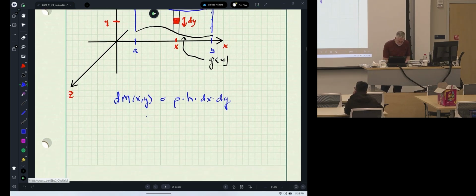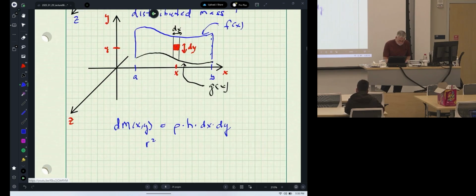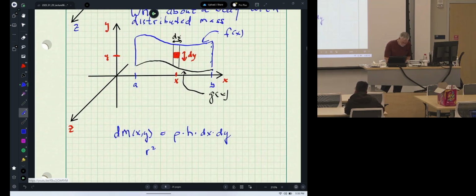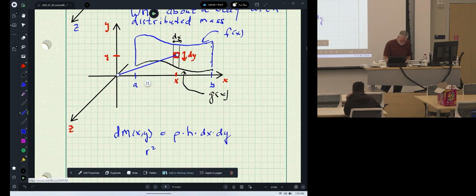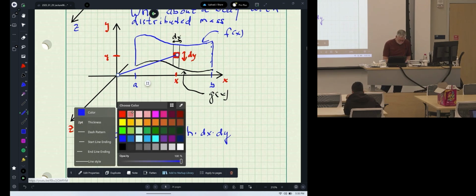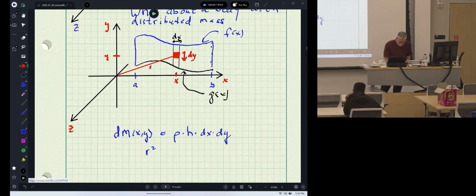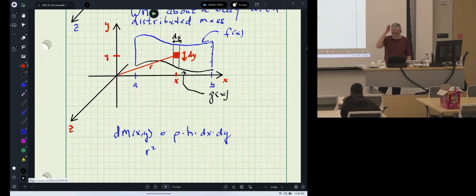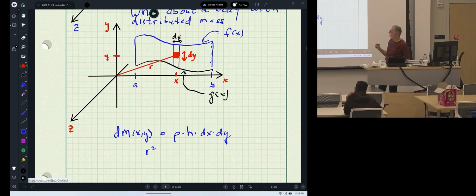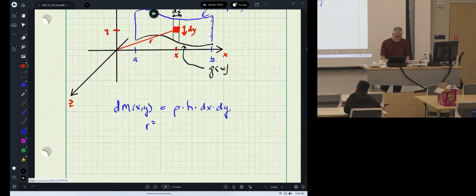I've already written down what r squared is, but let's show it. So that's r, the distance of this infinitesimal piece of mass from the origin.